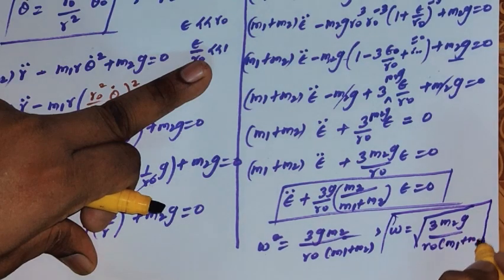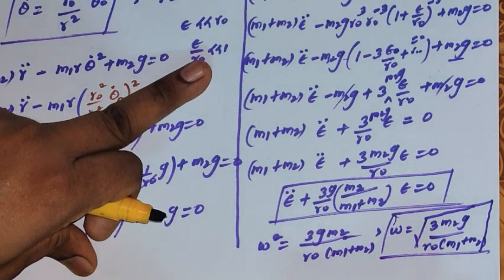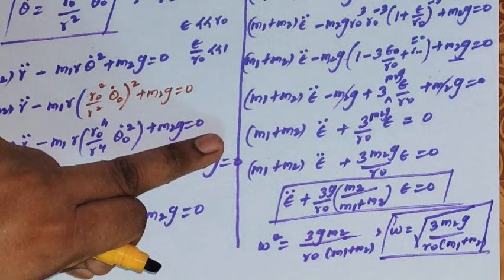So this will be the answer. From the detailed analysis, we got the answer square root of 3m2g over (m1 plus m2) into r naught. So option 4 is the right answer.